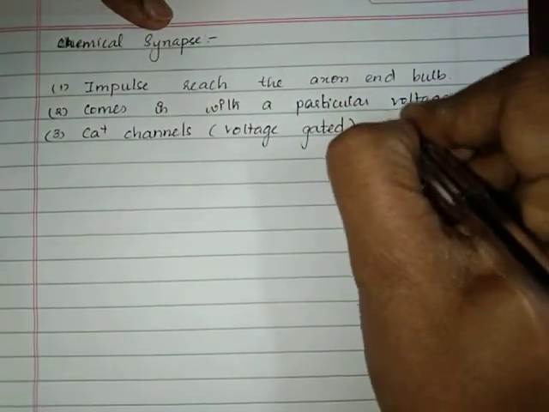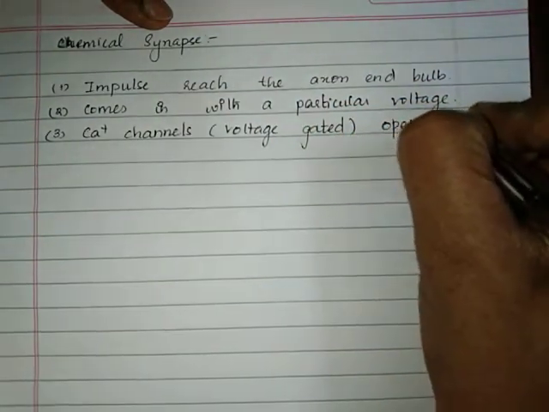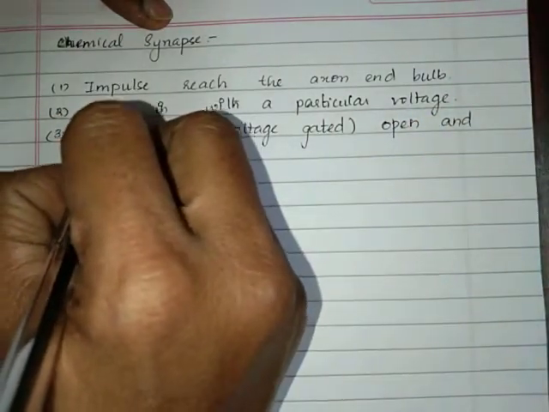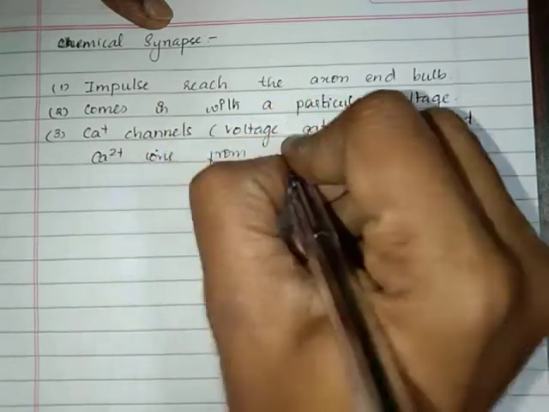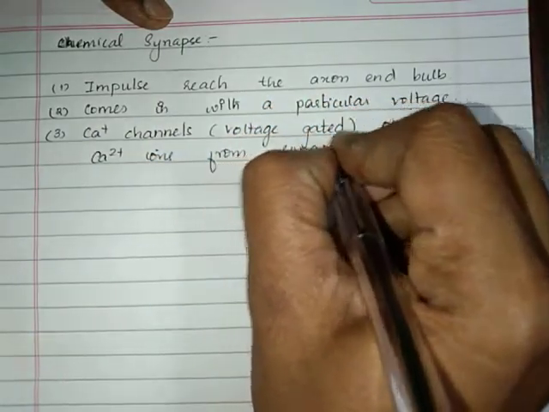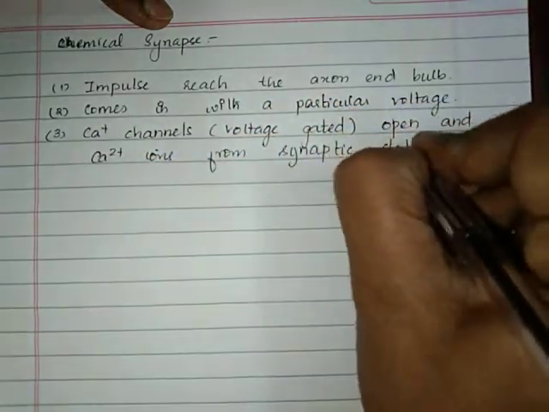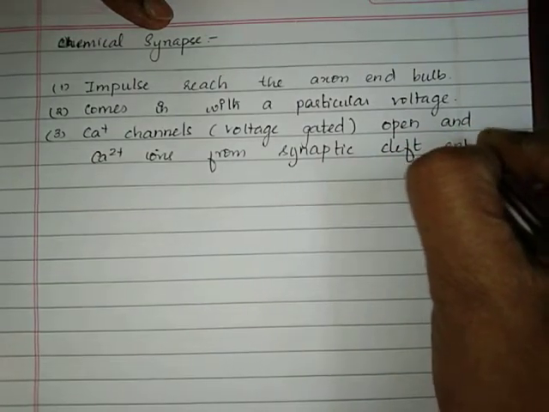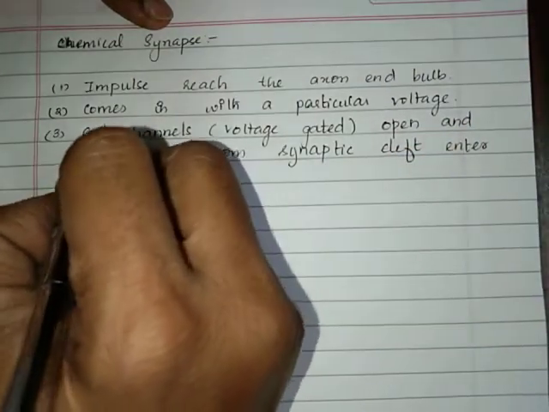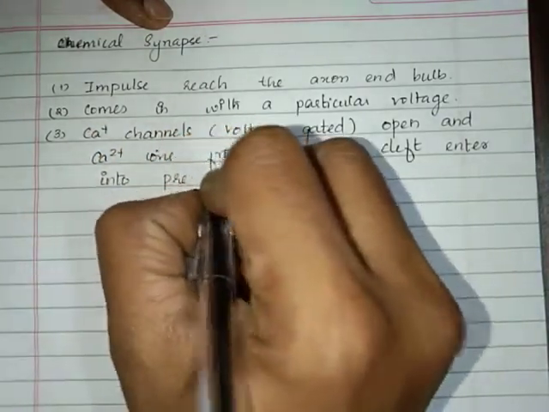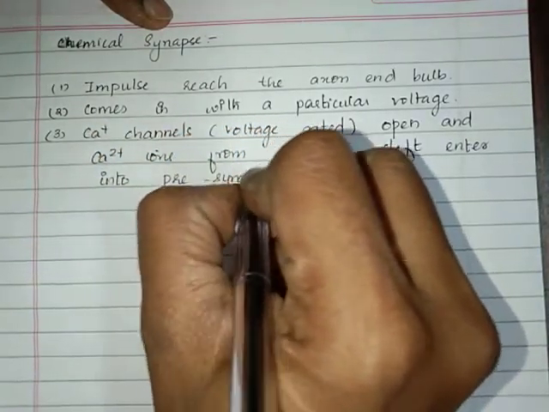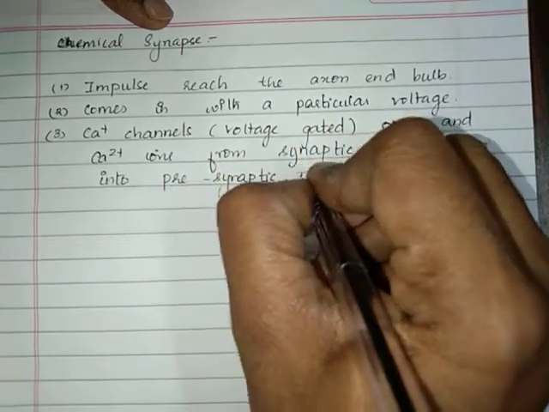Calcium channels are going to open, and because of this calcium ions from the synaptic cleft, calcium ions are present in the synaptic cleft, are going to enter into the presynaptic membrane. So it is going to enter inside.